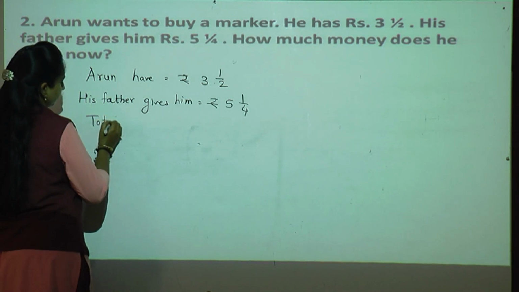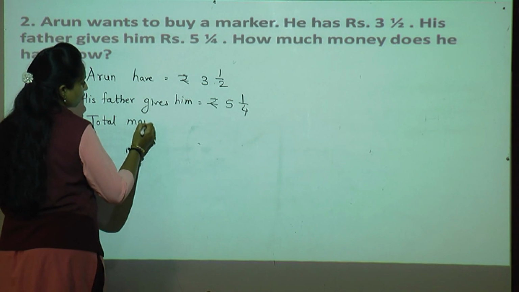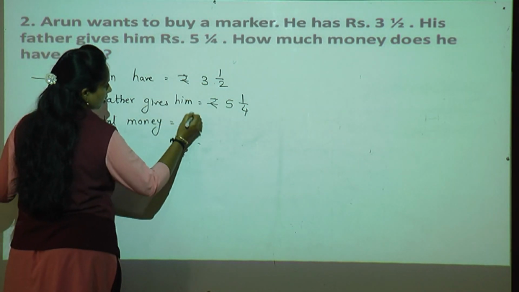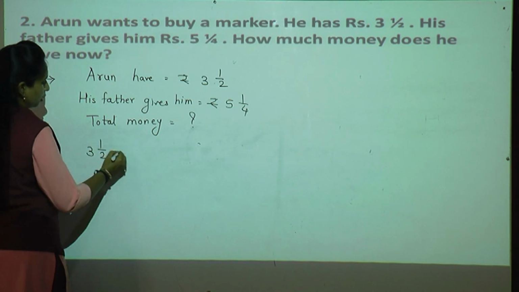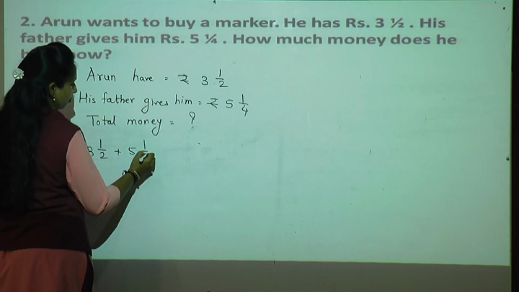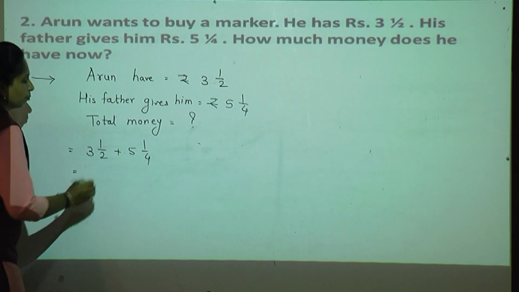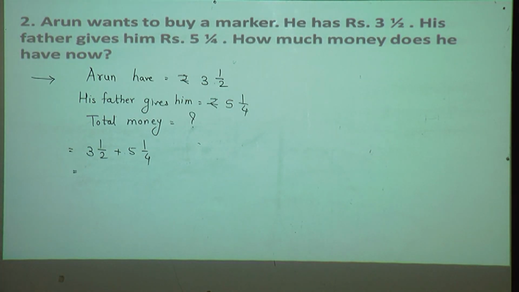Now we have to find out how much money does he have now. Total money is equals to question mark. We have to find out. So we will add 3 1/2 plus 5 1/4. Now here both the numbers are mixed fractions. So what I'll do first, we will add whole number together. Okay?